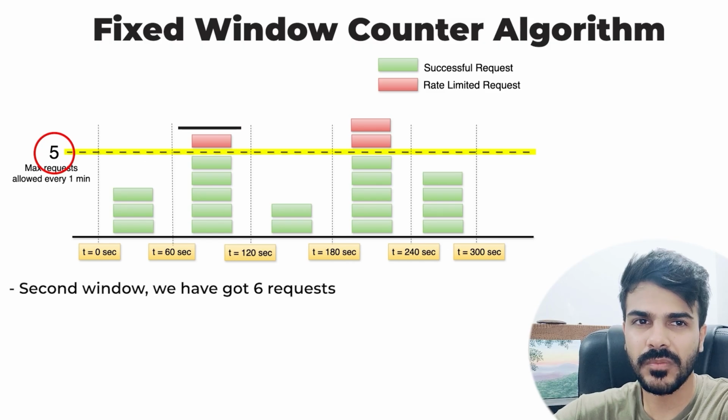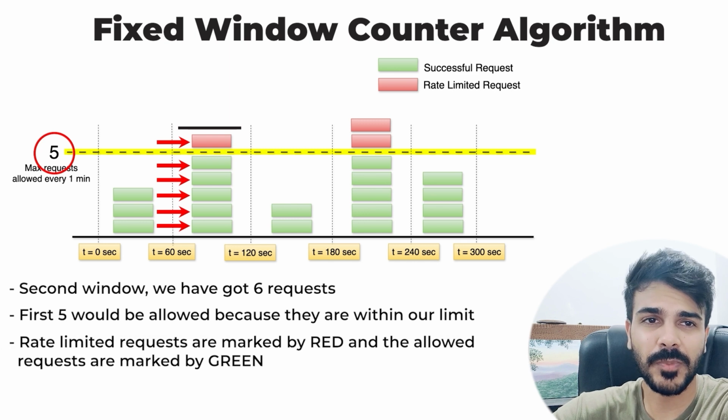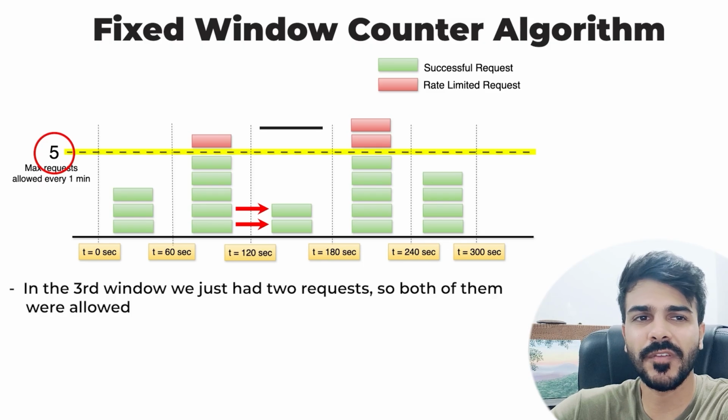Now in the second window, we have got 6 requests. Now the first 5 would be allowed because they are within our limit, but the sixth one would be rate limited. The rate limited requests are marked by red and the allowed requests are marked by green. Similarly, this pattern would continue for every window. You can see in the third window, we just had 2 requests, so both of them were allowed.